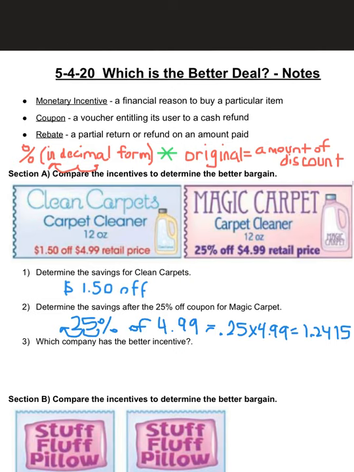But because it's money, money only goes to the hundredths place, so 2 numbers after the decimal. We look at the third number, and because that's a 7, that would mean 25% off is going to be $1.25. Question number 3, which company has the better incentive? So which one's going to get you more money back or taken off to begin with? That would be Clean Carpets.